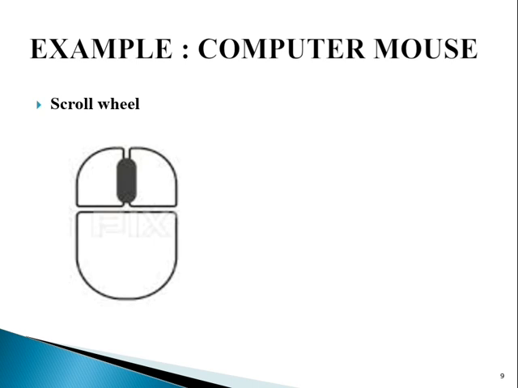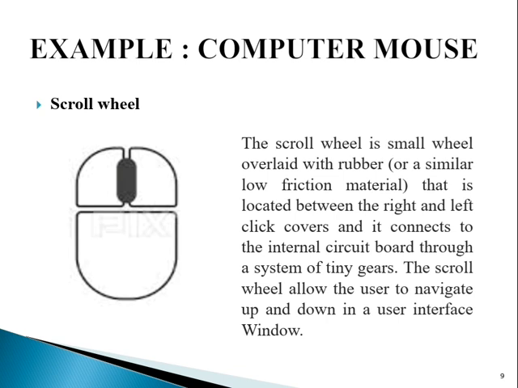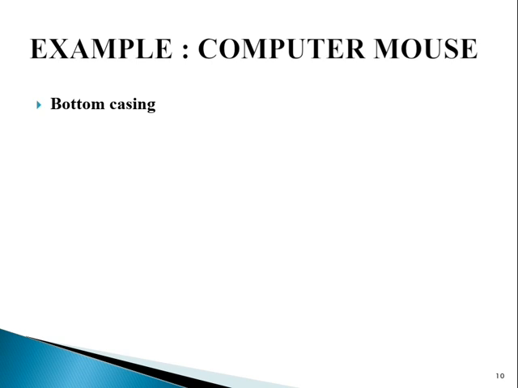The scroll wheel allows the user to navigate up and down in a user interface window. So I think all of you have mainly used the mouse, so you know all the parameters. So like this we can write down the technical description. Okay, so we are understanding it. So you can write it down from here.